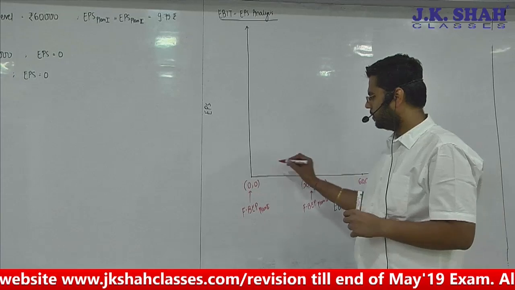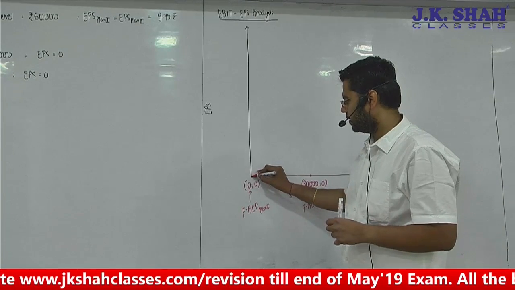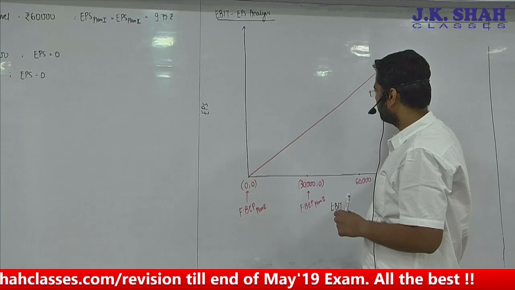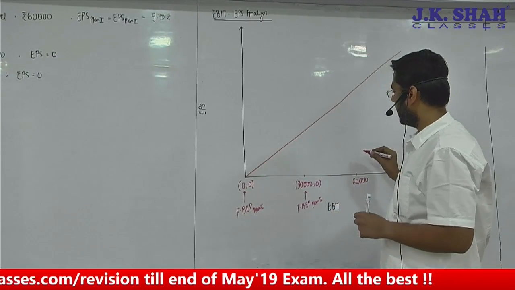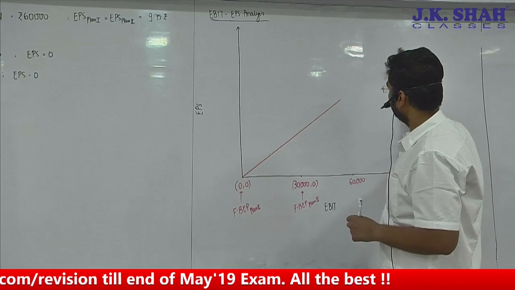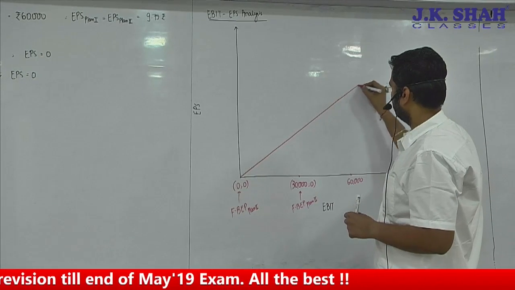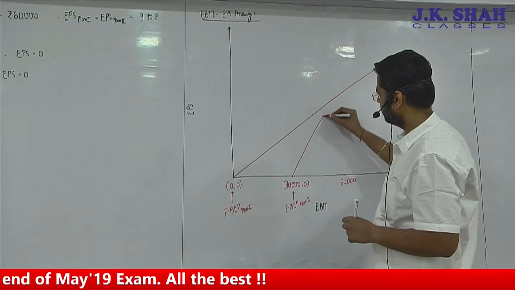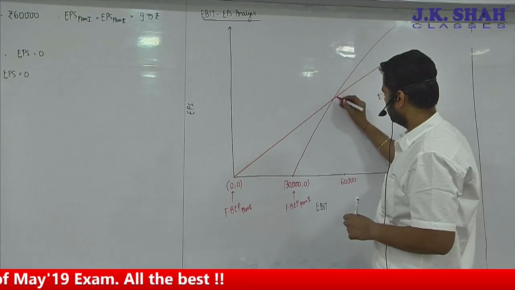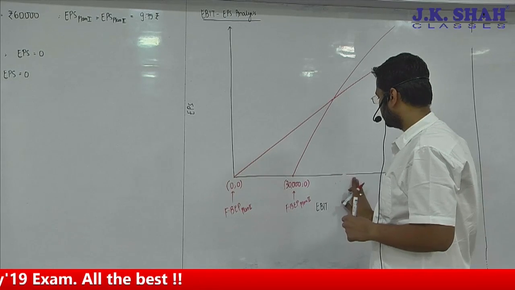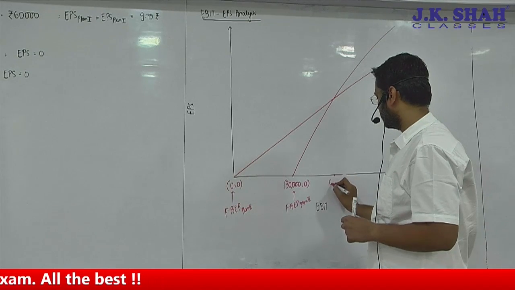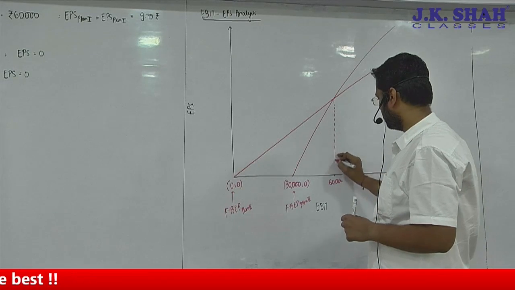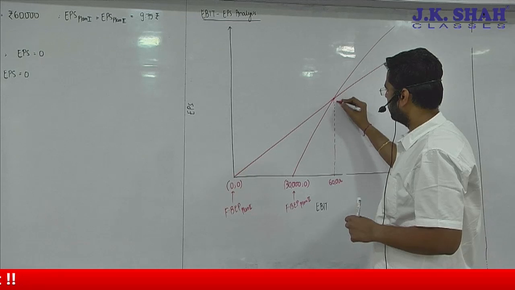So if I draw a line for different levels of EPS, the lines which give me the different profitability figures, this point where both the plans intersect becomes the point of indifference.